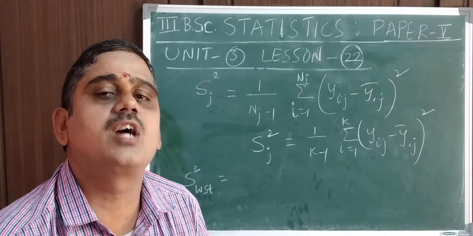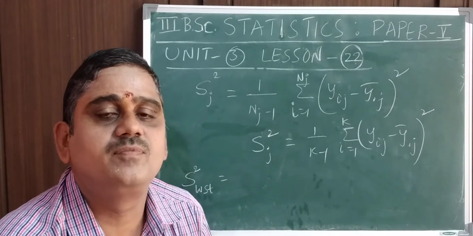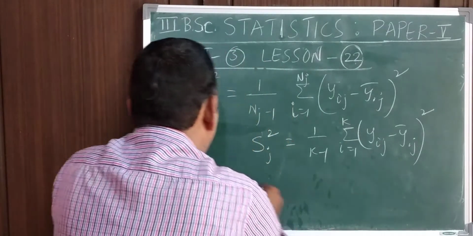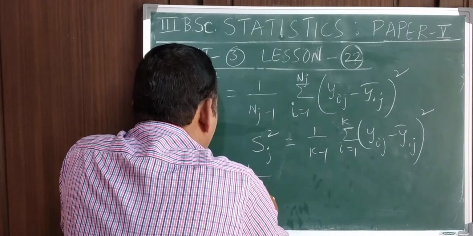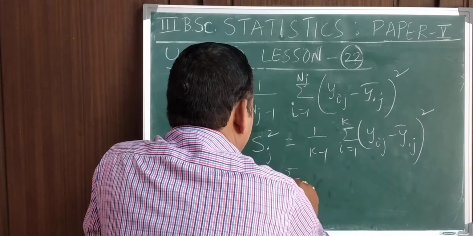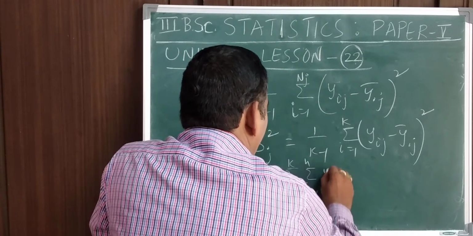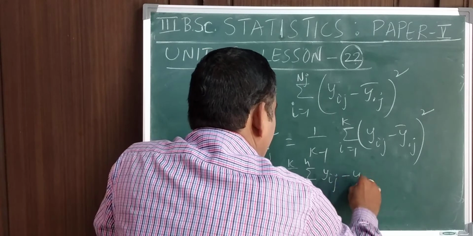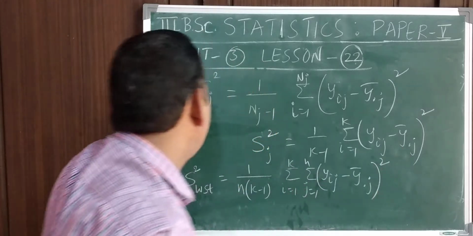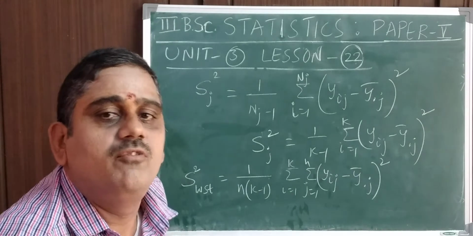We should consider this to be calculated within the stratum. The formula is 1 by n into k minus 1 multiplied by summation i is equal to 1 to k, summation j is equal to 1 to n, yij minus y bar dot j the whole square. This is the formula within the stratum, the population mean square within the stratum.